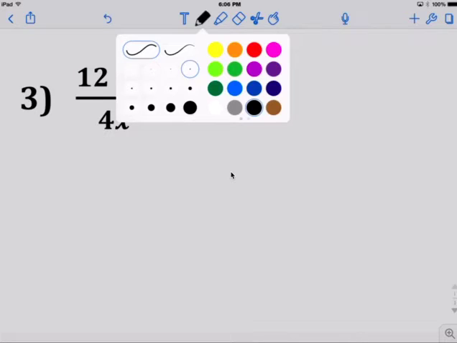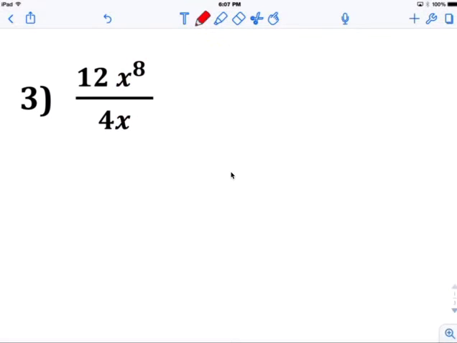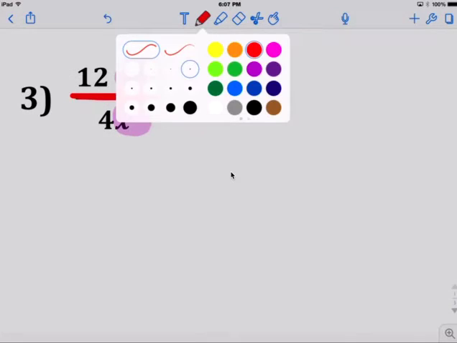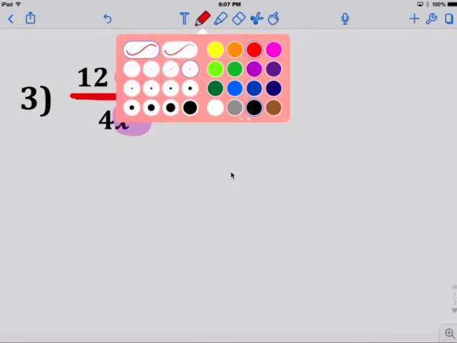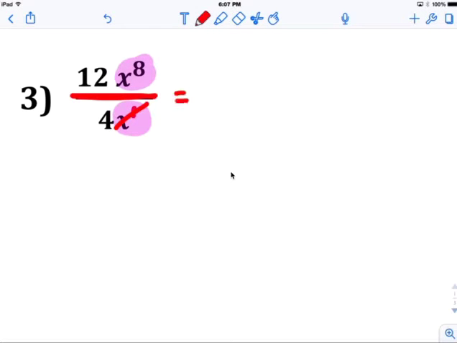When you have division, you need to remember with division, you have to subtract the exponent. Let's do the exponent first. X to the 8, x to the 1. Take out the smaller one. The division one is the only one you put the division sign, cross that out.